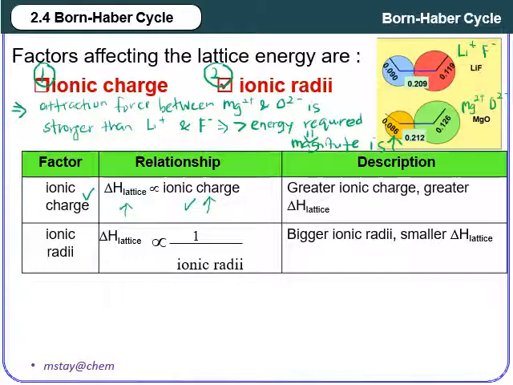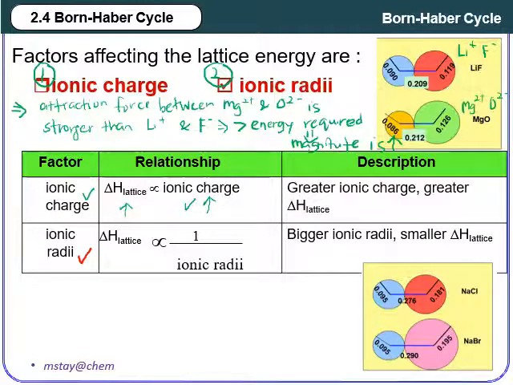Another one is the ionic radius. The lattice energy is inversely proportional to the size. However, we will notice that the explanation is similar to the factor of the ionic charge.